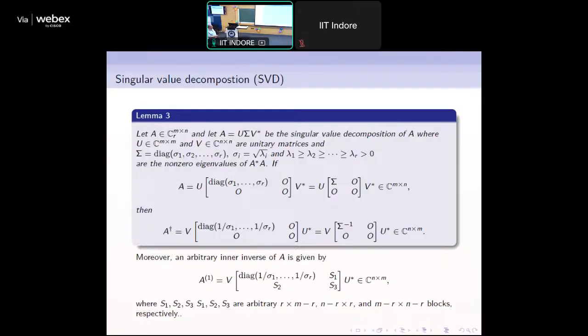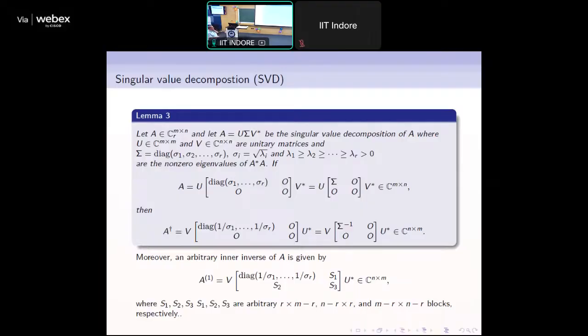According to the singular value decomposition, SVD shortly, an arbitrary matrix can be represented as a product of two unitary matrices, U and V, and one particular matrix made of a diagonal matrix and 3 zero blocks.